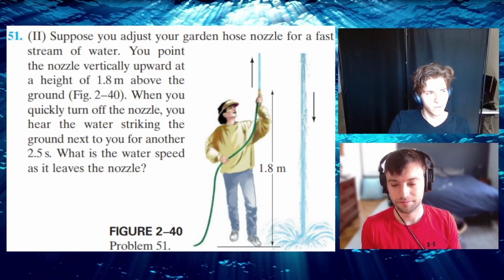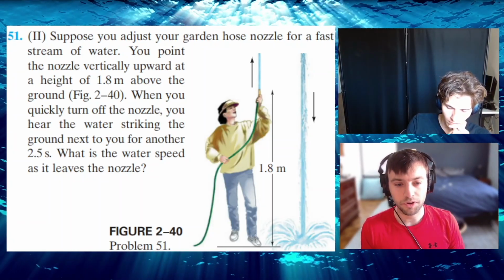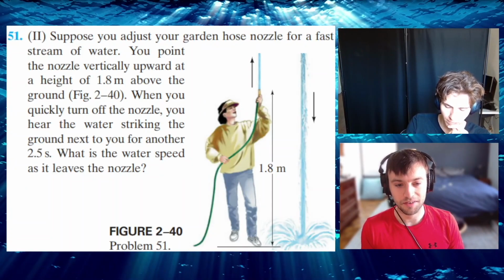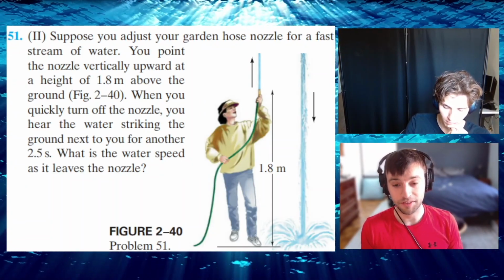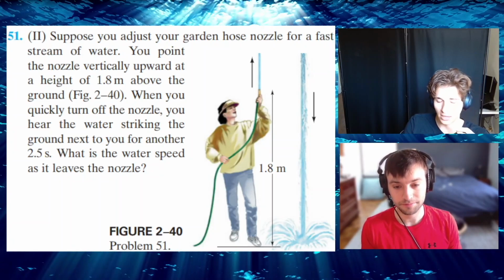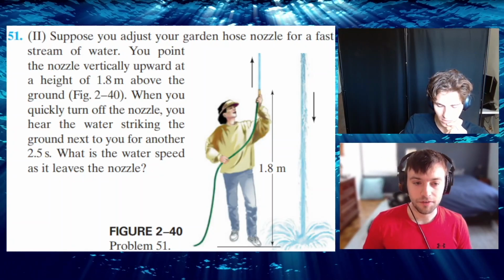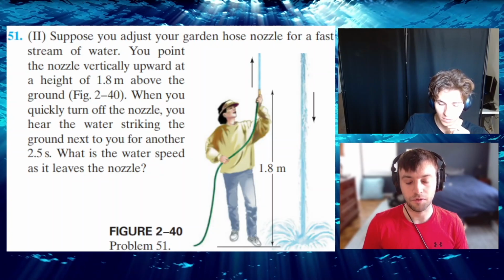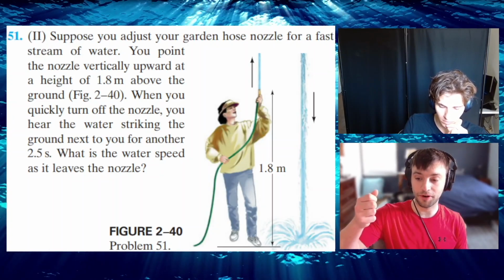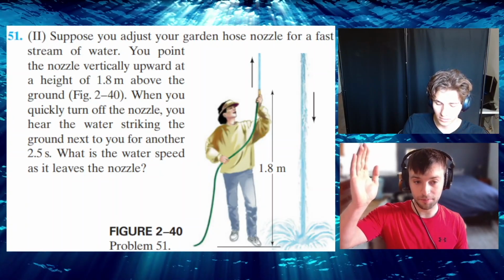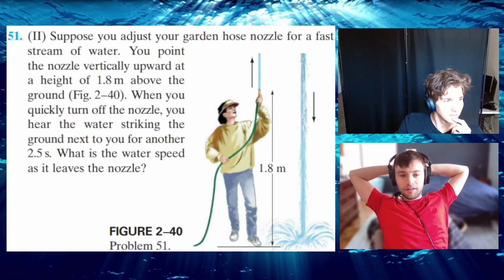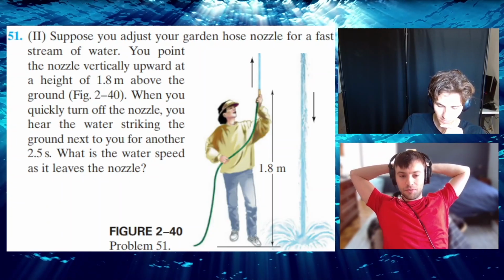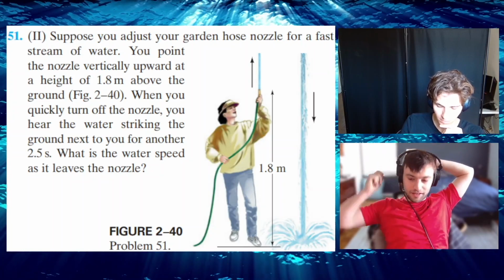So, what are we looking for here specifically? We're looking for the initial velocity of the water leaving the nozzle of the hose. And what are we given? We are given the height of where the hose is above the ground, where the water will leave from. We hear the water striking the ground next to us for another 2.5 seconds.